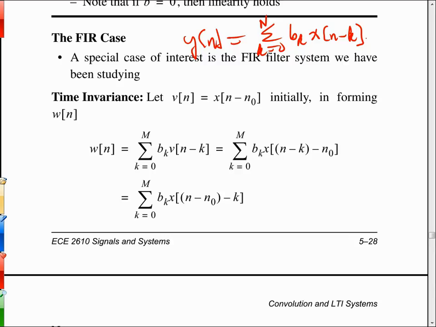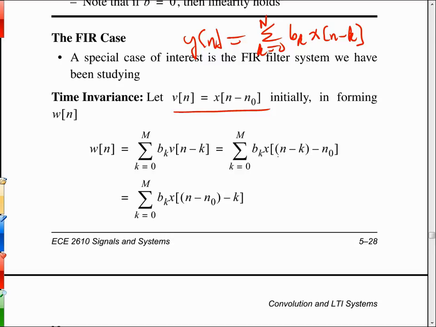So now we apply the same modeling technique for the time invariance. In the time invariance case, we'll let the input be delayed by n0 samples. So the input is v of n, and v of n is a delayed version of the input. So v of n minus k goes in there in place of x of k. And then once I rewrite the equation, on the far right here, I'm going to replace v of n minus k by x of n minus k.